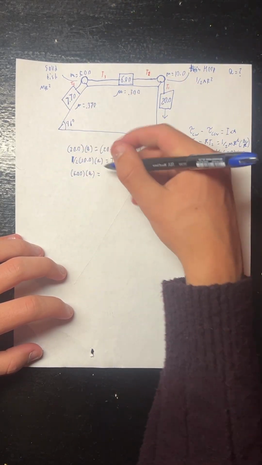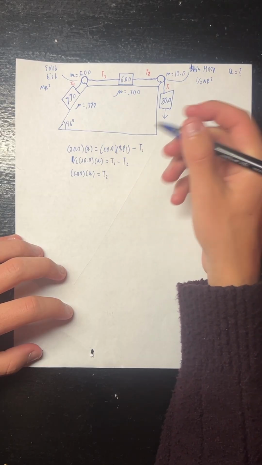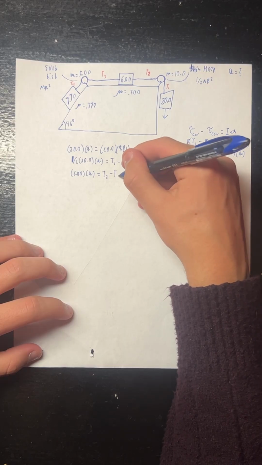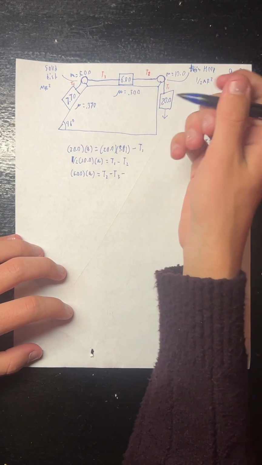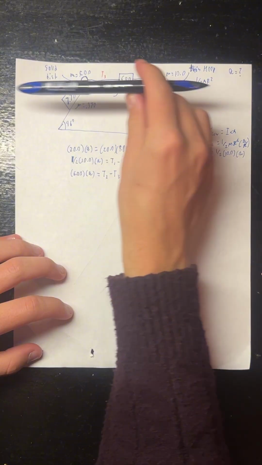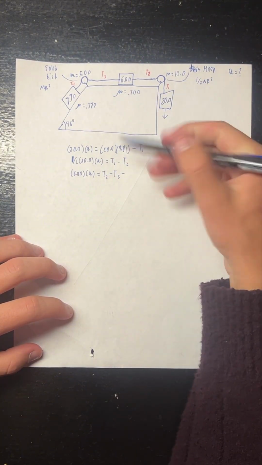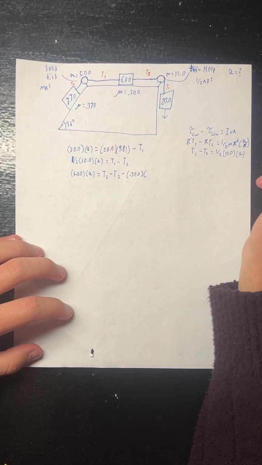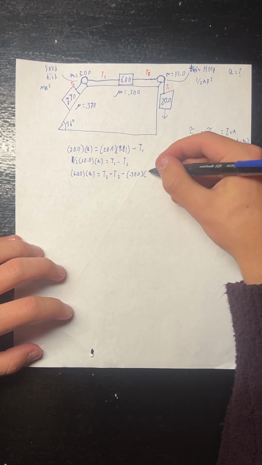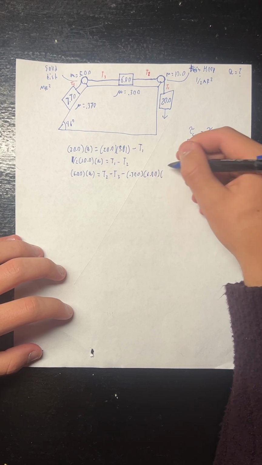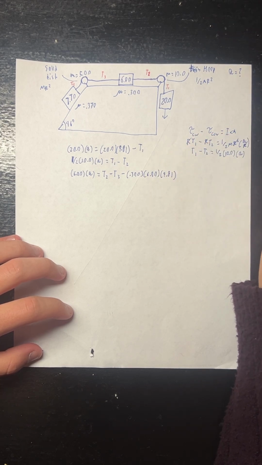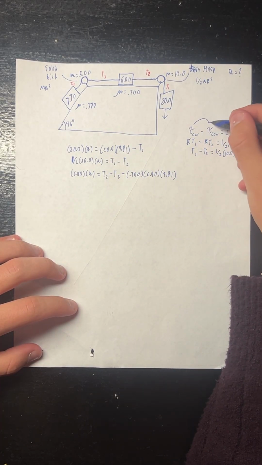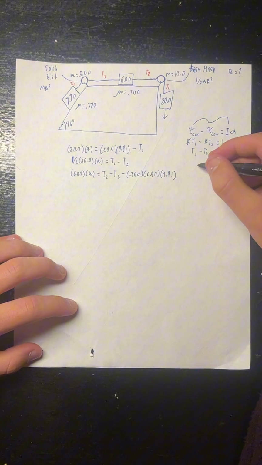So the force this way is going to be T2, and the forces that way are going to be minus T3 minus, if it's going this way, friction is going that way. So minus 0.300 mu mg, 6.00 times 9.81.